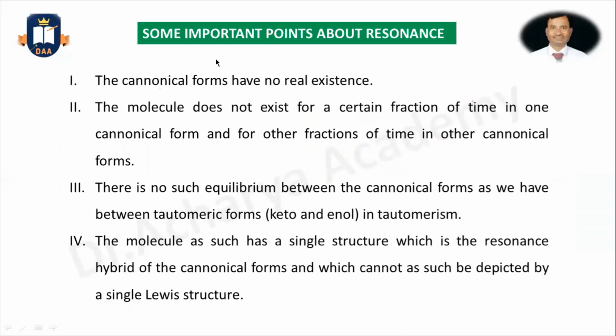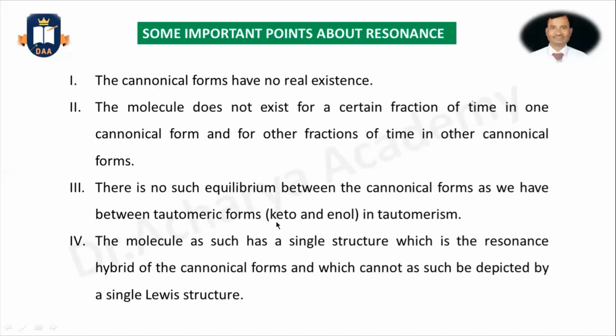Some important points about resonance we have to remember. Number 1, the canonical forms have no real existence. Number 2, the molecule does not exist for a certain fraction of time in one canonical form and for other fractions of time in other canonical forms. Point 3, there is no equilibrium between the canonical forms as we have between tautomeric forms.